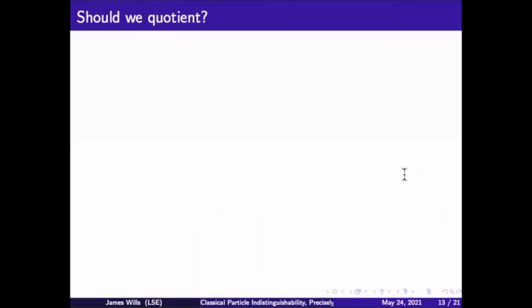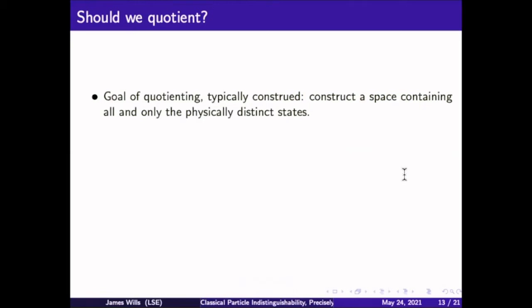This shift has an effect on how we should think about quotienting. Quotienting was a key part of the Saunders response here in removing the representational redundancy. Now, typically construed, the goal of quotienting is to construct a space which is not representationally redundant, i.e. contains all and only the physically distinct states.